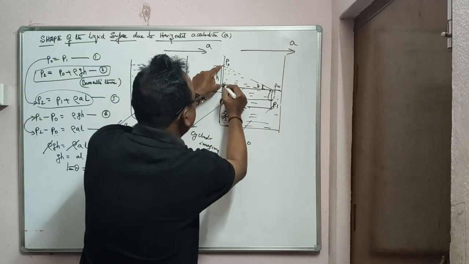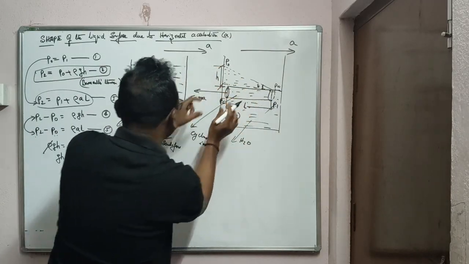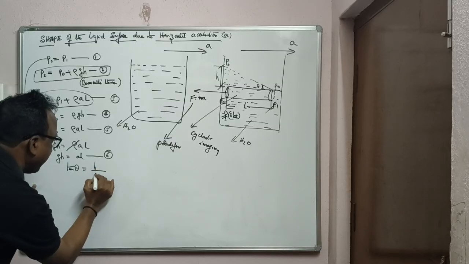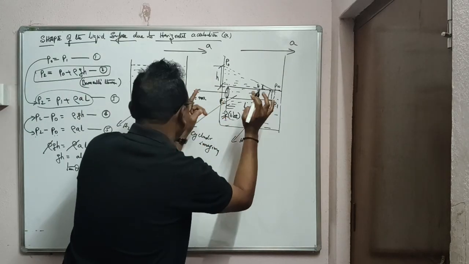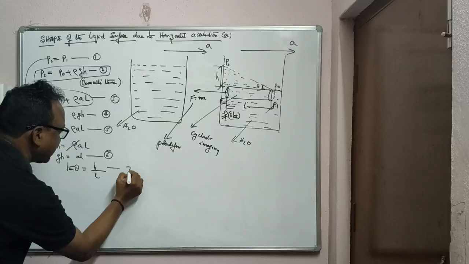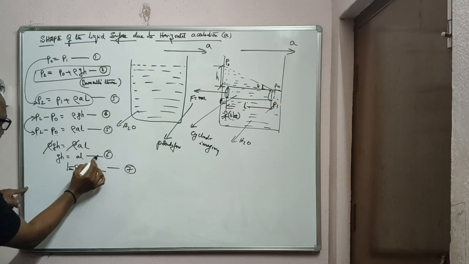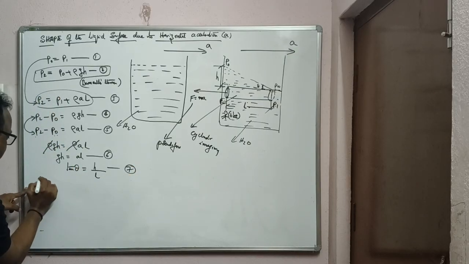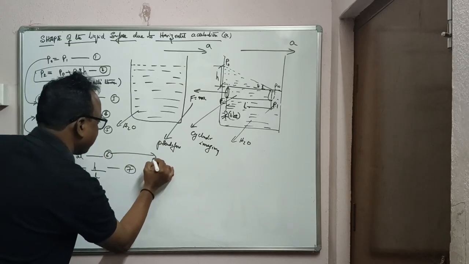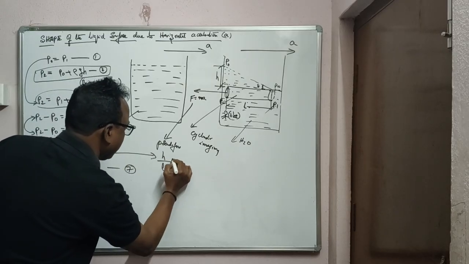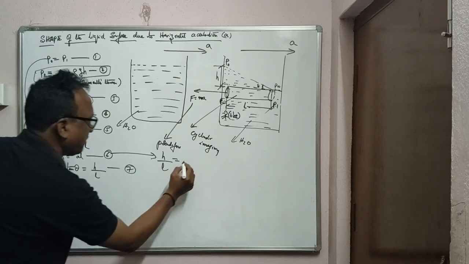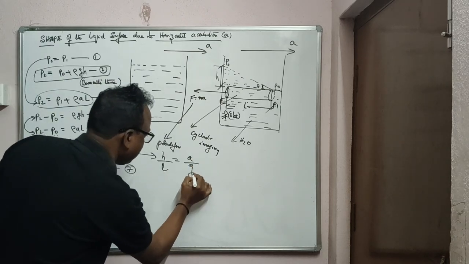Look up once. What is tan theta? Raised water, opposite by adjacent, that is h by L. Adjacent means the length of the imaginary cylinder. Equation 7. Now from equation 6, what is h by L? H by L is equal to A by G. Clear?